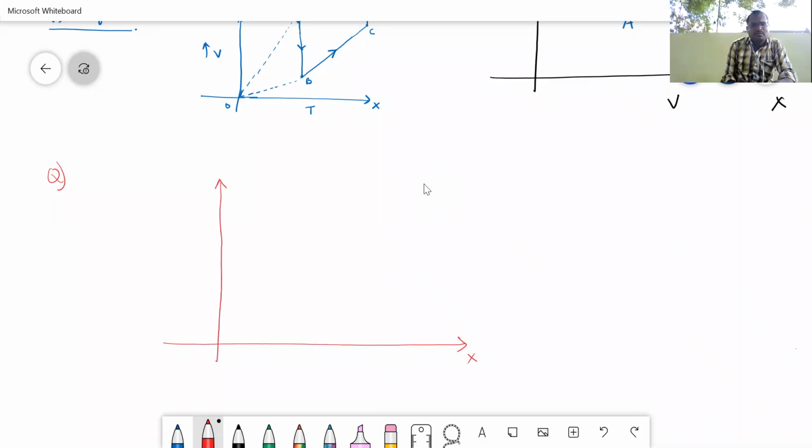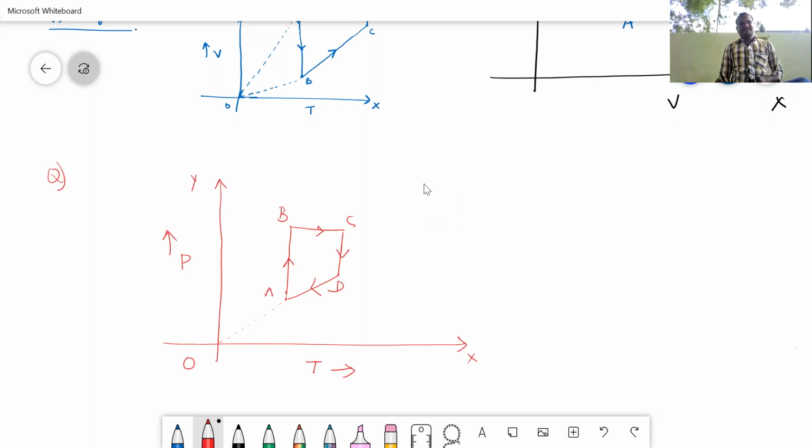X-axis, Y-axis, origin. Let us take temperature on x here, and here pressure again. Now the graph. You take the process like this: A, B, C, D. One process is occurring.